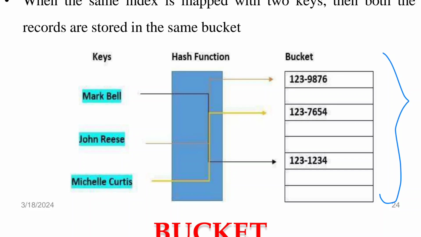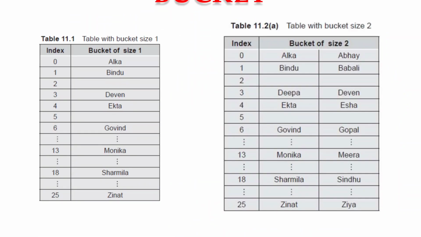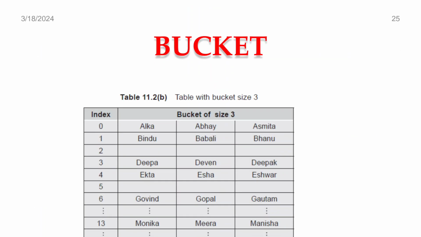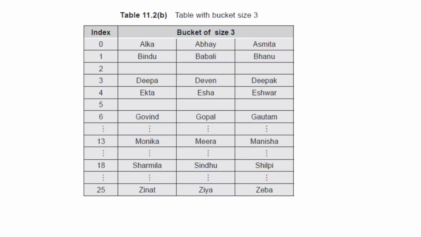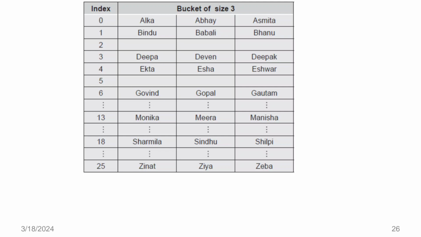We put the extra elements into the bucket for the given hash function and the given key. Maybe the size of the bucket is 1, maybe 2, maybe 3. So as per requirement, we can use the bucket size.